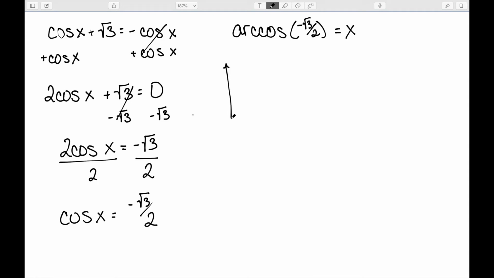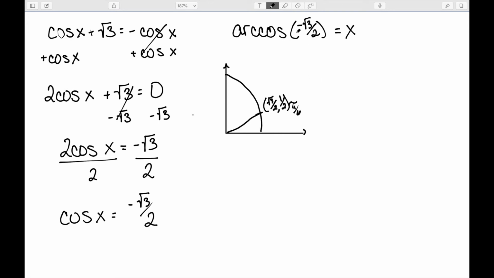Well, if I think about my unit circle, I'm just going to draw the first quadrant, or at least a rough sketch of it. Not a great circle, but that's okay. Down here at 30 degrees, or pi over 6, we have the point square root of 3 over 2 comma 1/2.